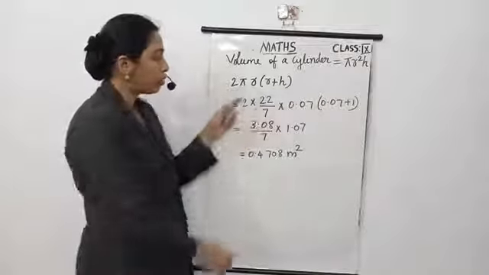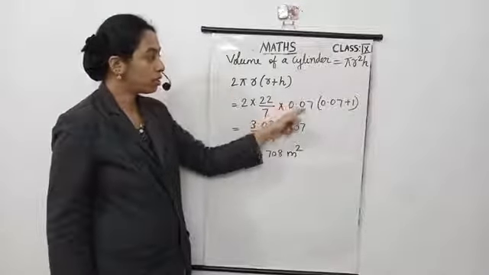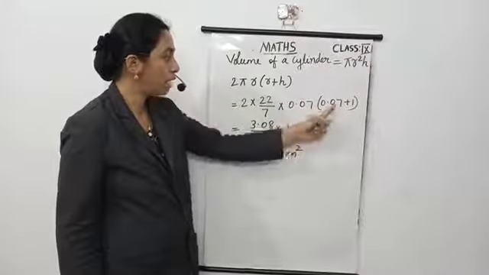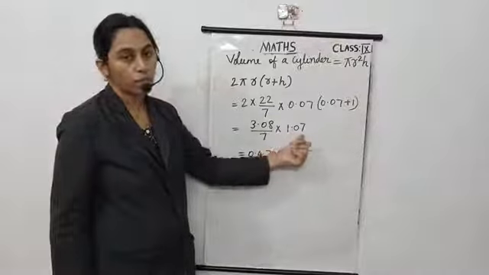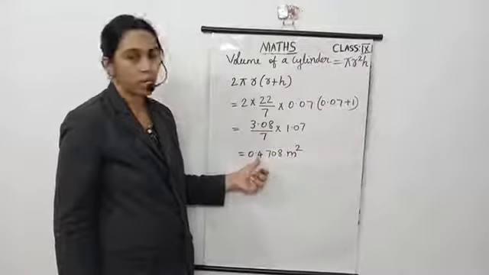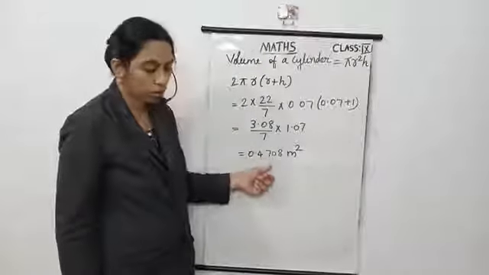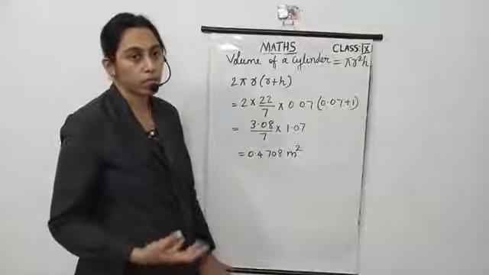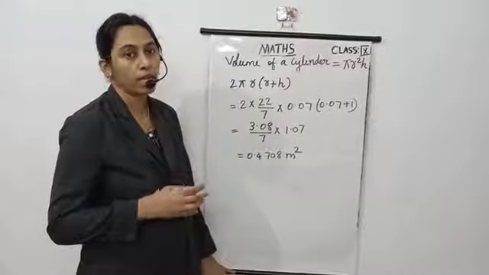Multiplying 2 into 22 into 0.07 we get 3.08 by 7 into 1.07, and then multiplying and dividing by 7 we get 0.4708. So 0.4708 meter square of metal sheet is required for making that cylinder.